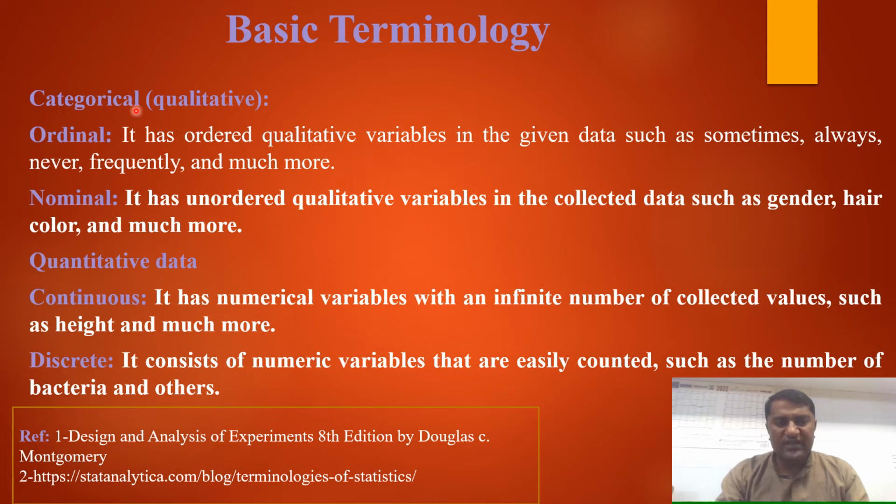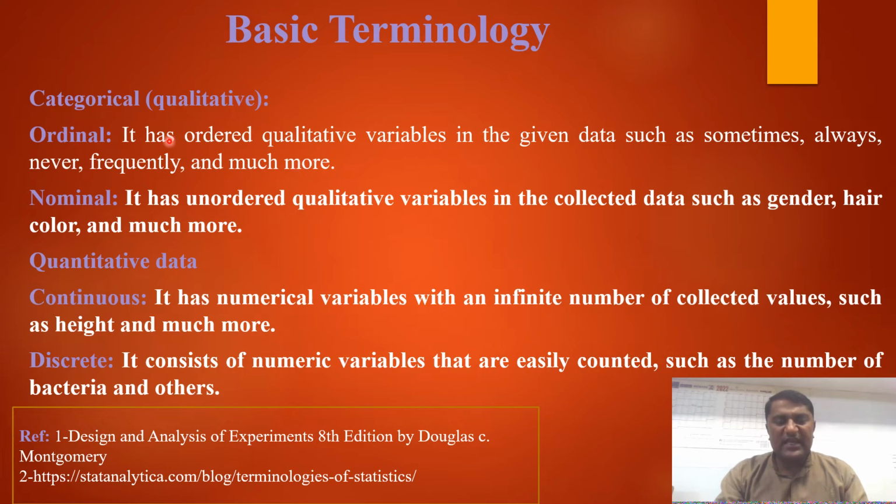The first one is the categorical variable, which is the qualitative variable, and the other one is the quantitative variable. The categorical or qualitative variable is of two kinds: the ordinal variable and the nominal variable. An ordinal variable has an ordered qualitative variable in the given data, such as sometimes, always, never, frequently, or much more.